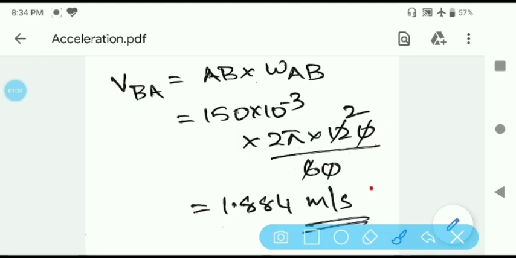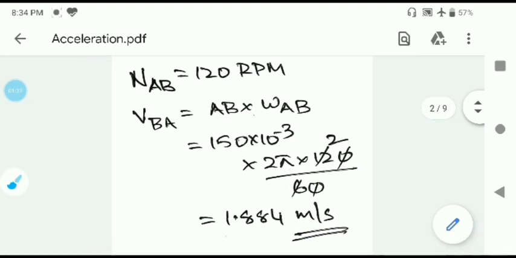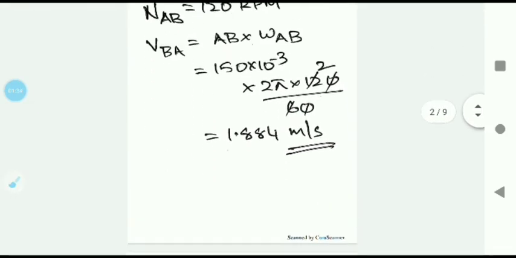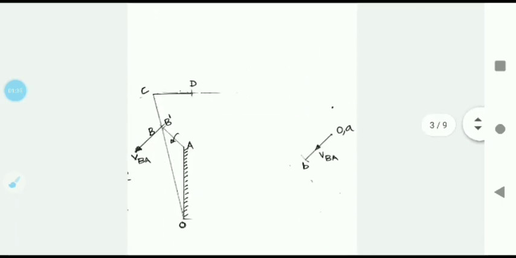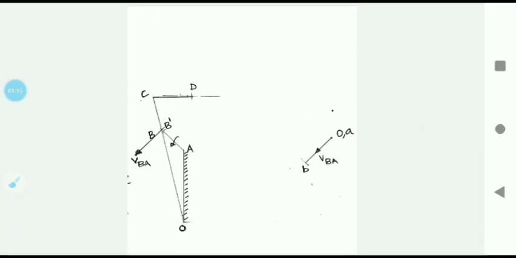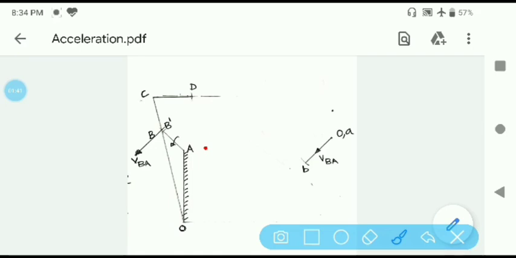Now, to draw the velocity diagram, first you need to locate the fixed point. Here the fixed point is OA, so that has to be located somewhere near the space diagram. In the question it is given that the crank is rotating in the anti-clockwise direction.